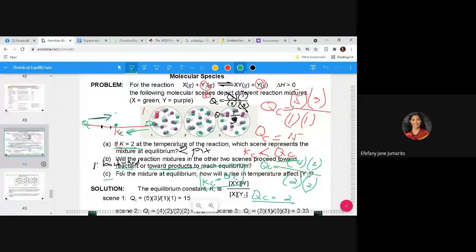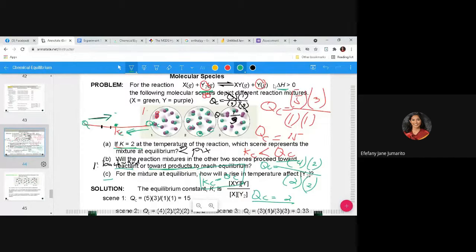Now, what about letter C? For the mixture at equilibrium, how will a rise in temperature affect Y2? So this is an endothermic reaction.